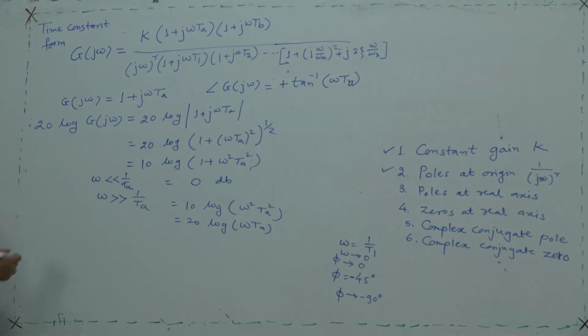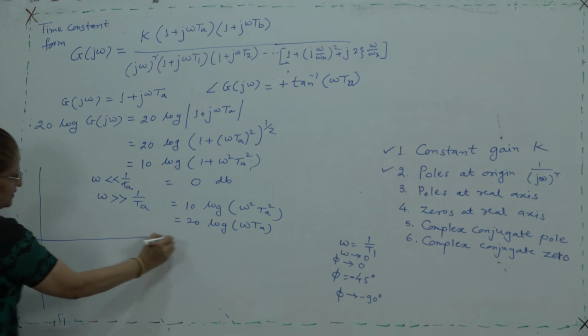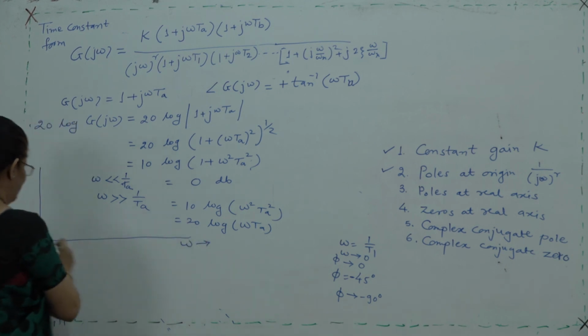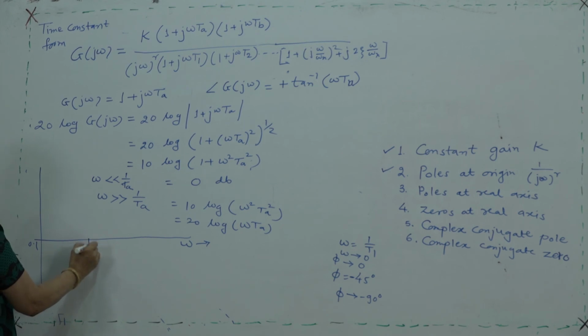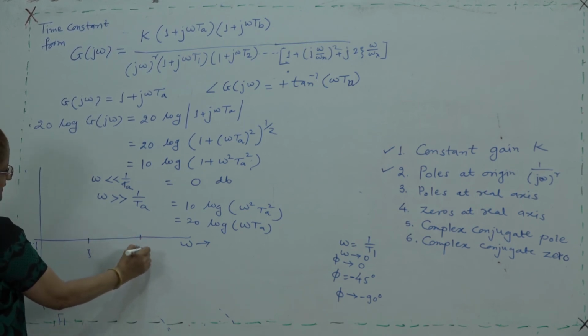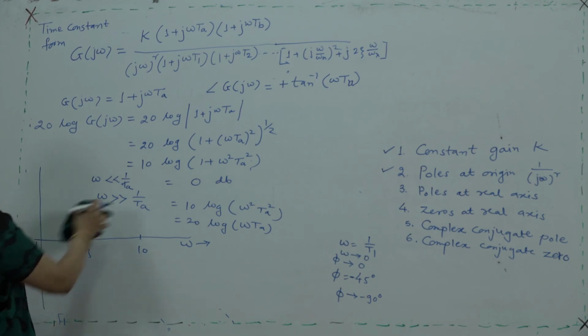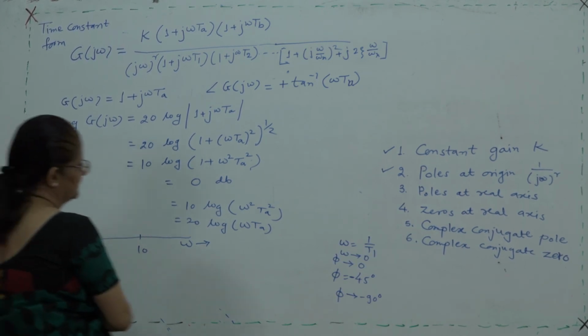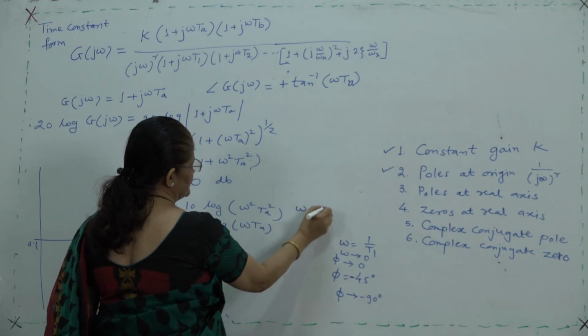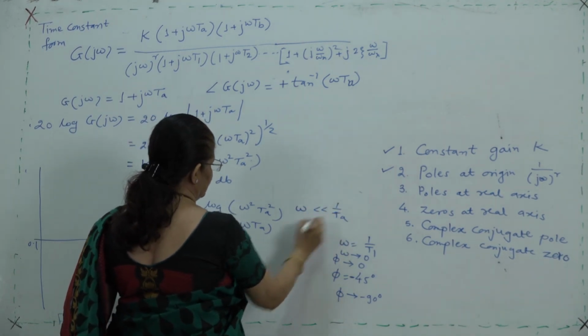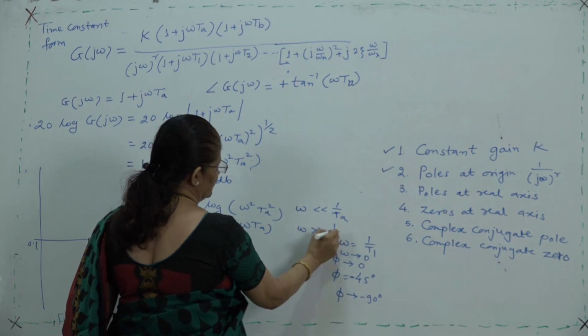So, if you plot it, how will you get the plot? That we will try to draw. Omega 0.1, 1, 10. So, I will write here when omega is far less than 1 upon T A, and this is when omega is far greater than 1 upon T A.